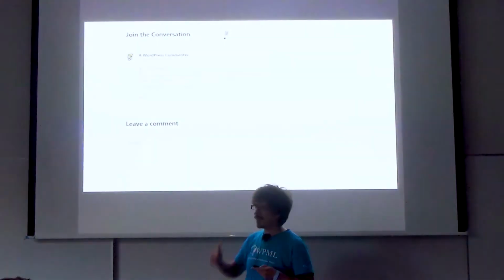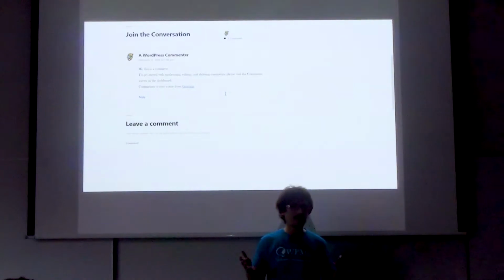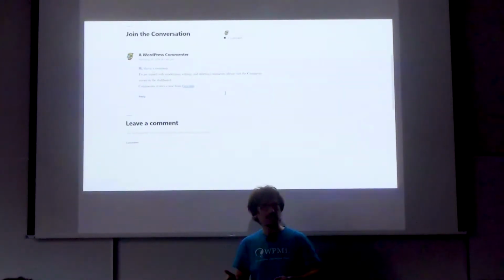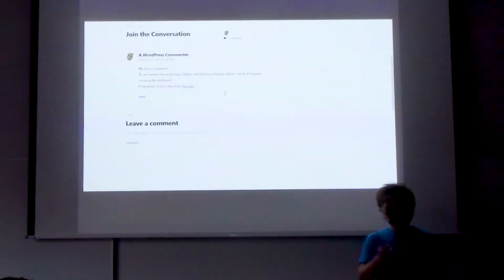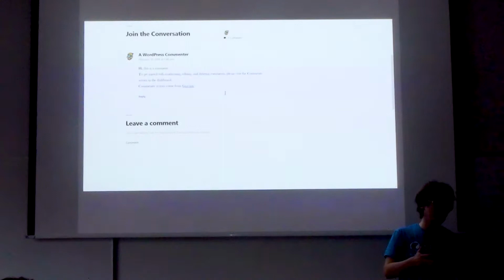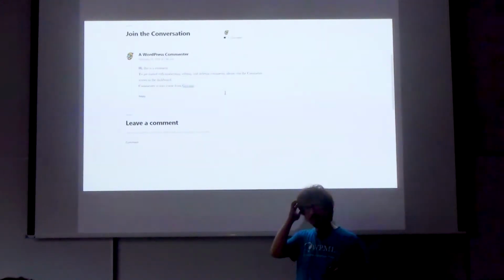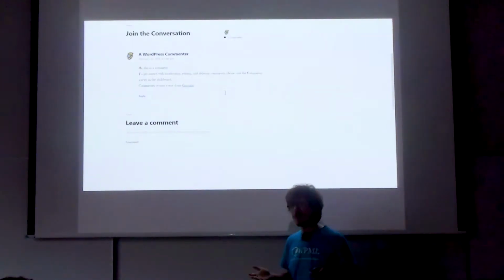It's comments, for example, because you can have a post and a bunch of comments below. And as we all probably know, a comment is actually in the WordPress database a kind of a post. So it's related to the post you are commenting on.